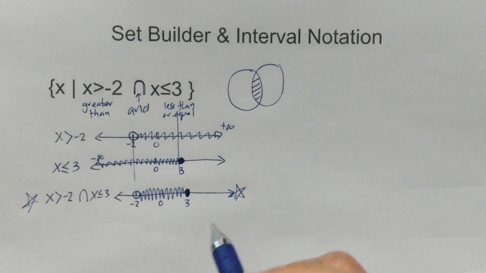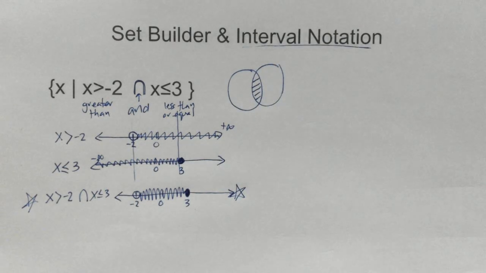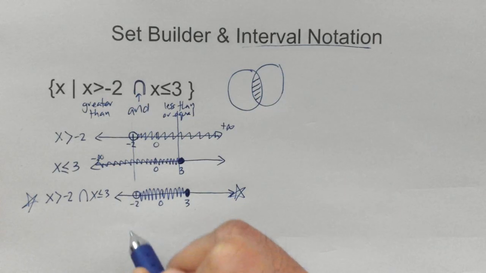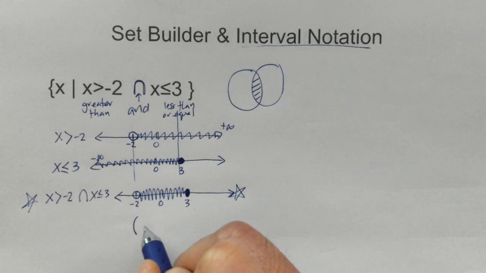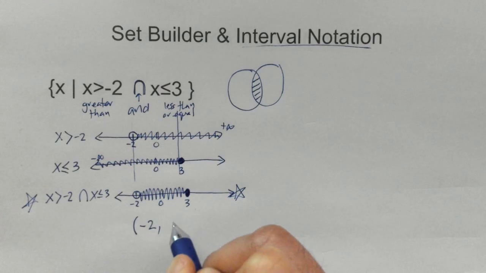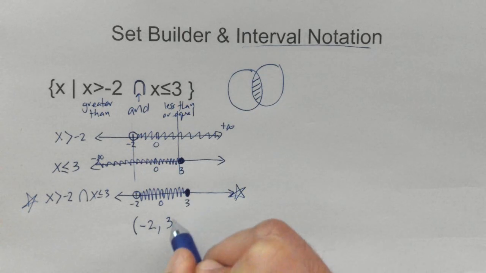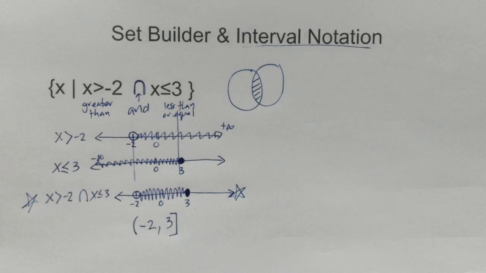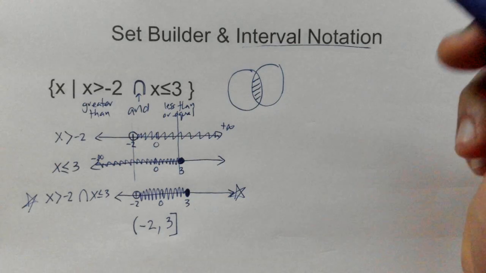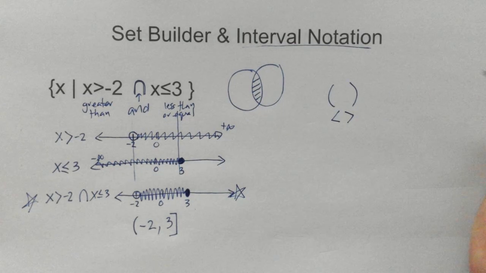Now, how do I convert this to interval notation? Well, since it's an open circle, I'm going to use a parentheses, and I'm going to always go from least to greatest, right? The lowest value is -2, the greater value is 3. Since it includes 3, I'm going to put a bracket. So when we're dealing with interval notation, parentheses involve the less than or the greater than symbol, and open circles.